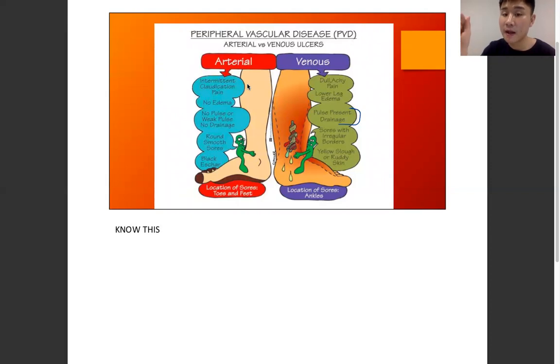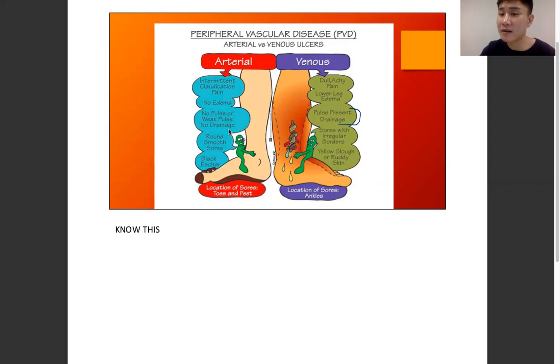PAD, the blood is not able to perfuse to the feet. So one of the hallmarks is intermittent claudication. And what is this? Calf pain. They will have no edema, meaning no swelling. Why? Because there's no blood pooling. There's just not enough blood perfusing to the legs. So that's why no edema. No pulse or weak pulse. Why?